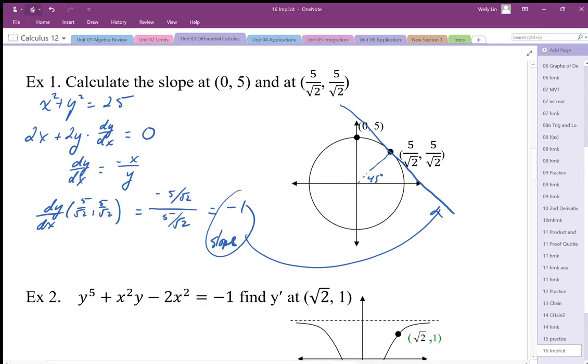The other question was asking, calculate the slope at this coordinate, (0, 5). You can see there's a horizontal tangent there, so we should end up with a slope of 0.